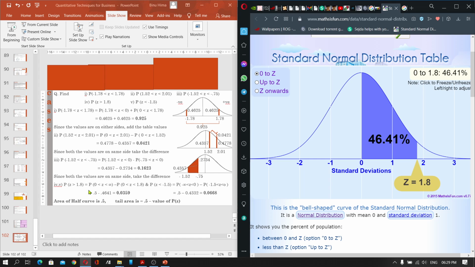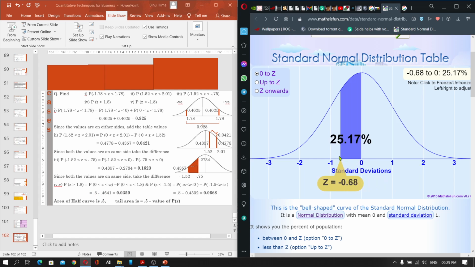And finally, next after 1.8, another question was minus 1.5. Similarly, for minus 1.5, the value is 0.4332, that is represented as 43.32. In this case you need to take the difference of the area in between the numbers under study.